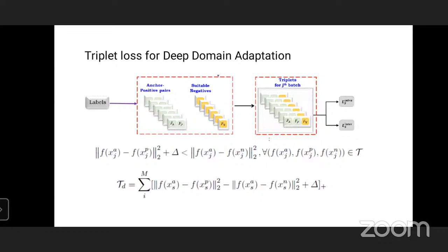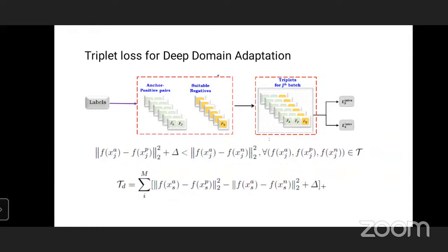Here our major constraint is that we have to reduce the intraclass discrepancies within the class, and increase the interclass discrimination across different domain classes. For this case, we are going to use triplet loss.